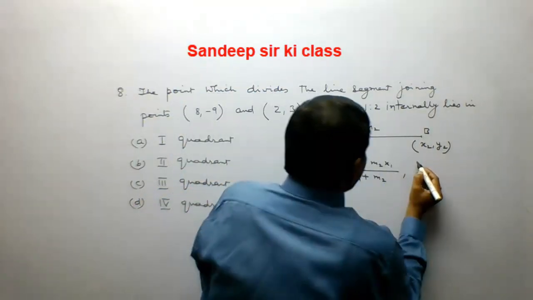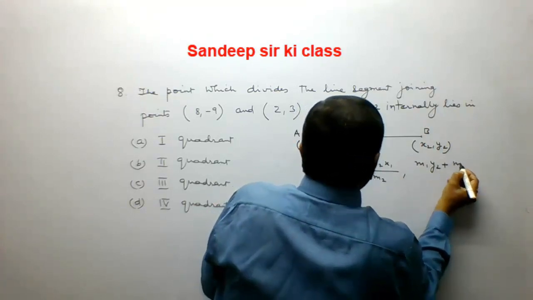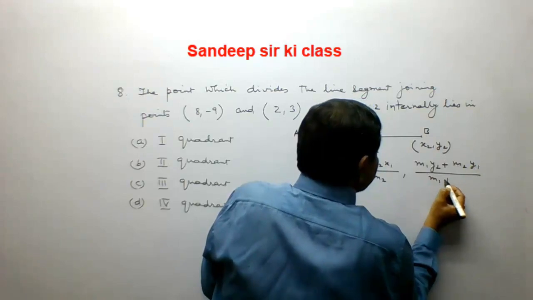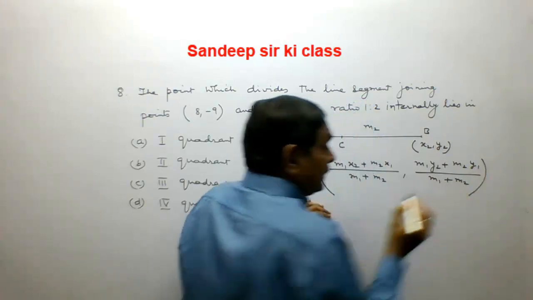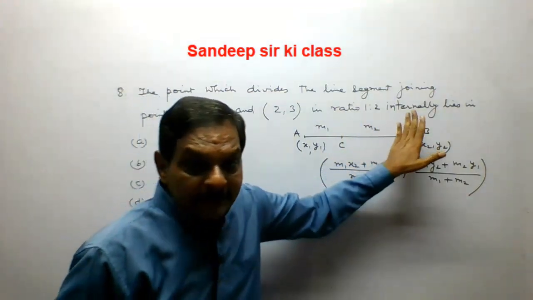Y coordinate is m1 y2 plus m2 y1 upon m1 plus m2. This is the section formula we know for internal division.